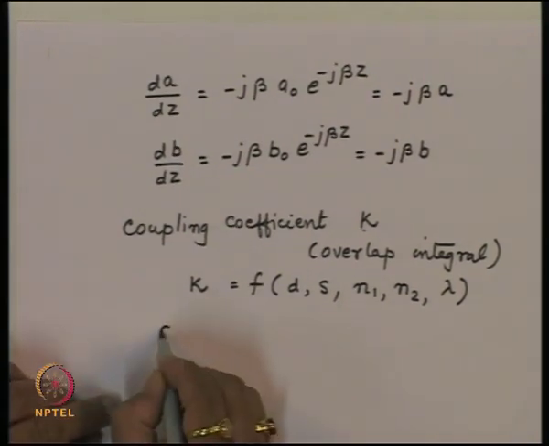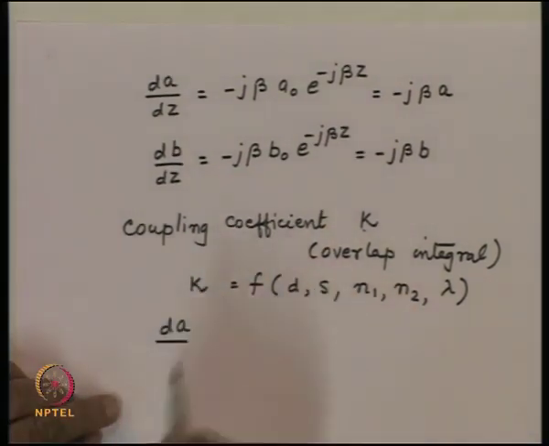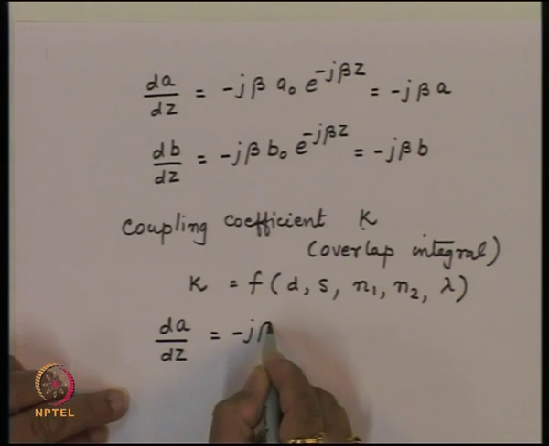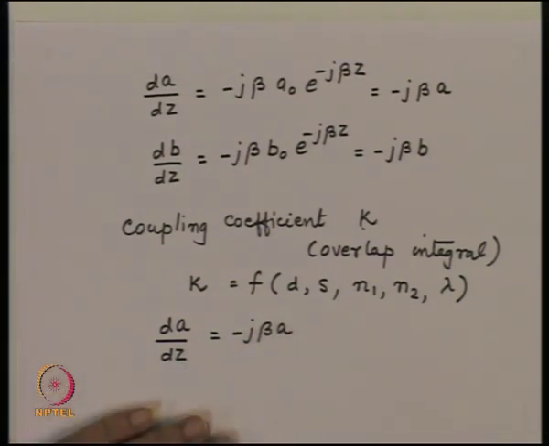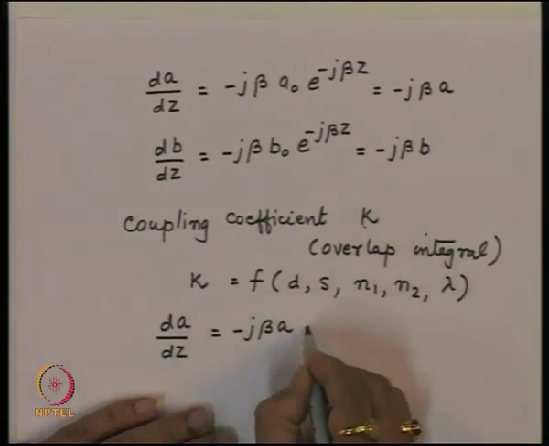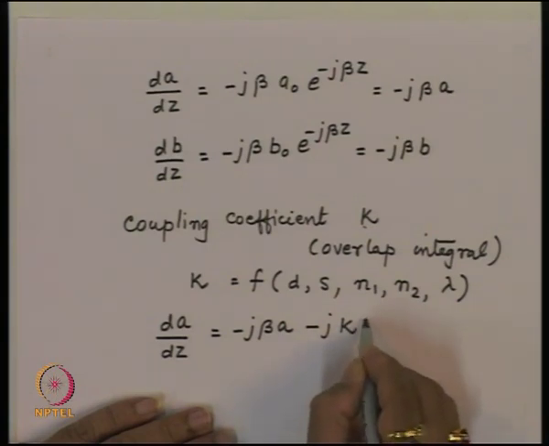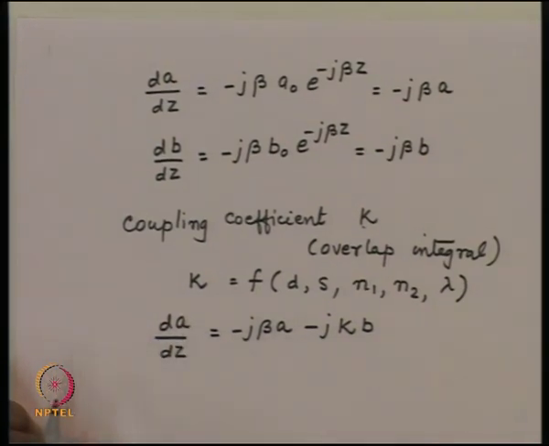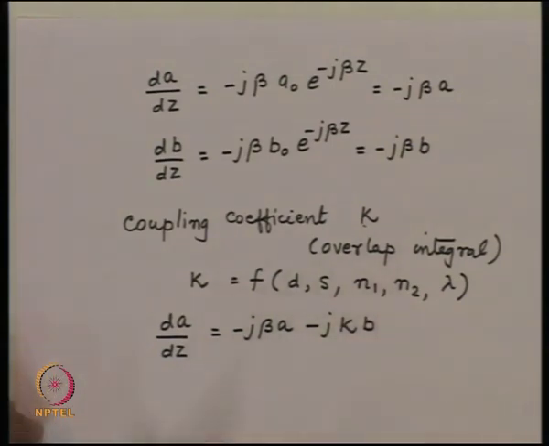So we can say that now, in the presence of the coupling, we get dA by dz equal to the original term, plus something which is coming because of coupling from the second waveguide. So we have minus j k into B. So you have a contribution to the rate of change of A as a function of z that is related to the amplitude of the signal in the second waveguide, which is B, and the proportionality constant is this coupling coefficient.